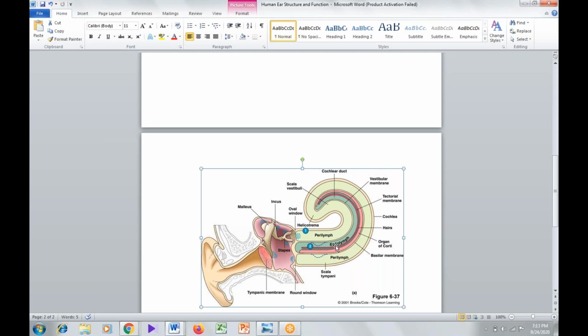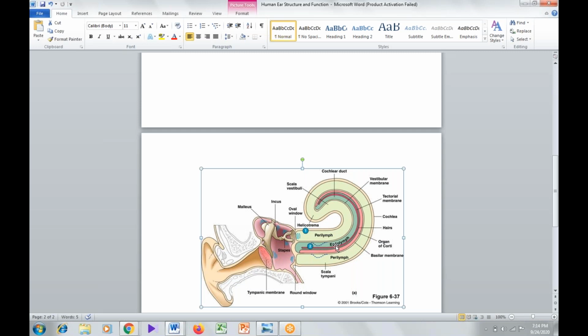How does balancing work? When you move your head right and left, the fluid in the inner ear also starts to move. The inner ear has three canals, in three directions: one superior, one posterior, and one lateral.